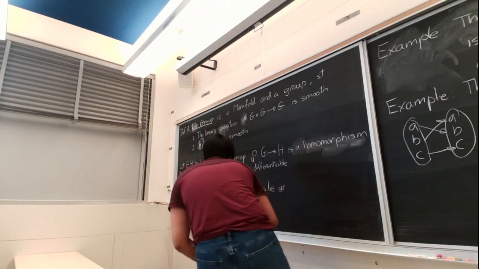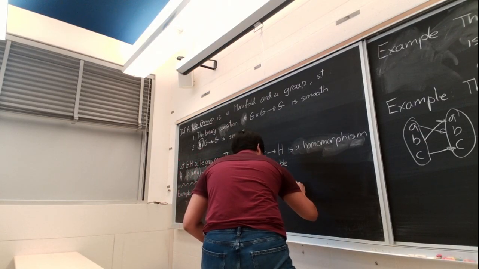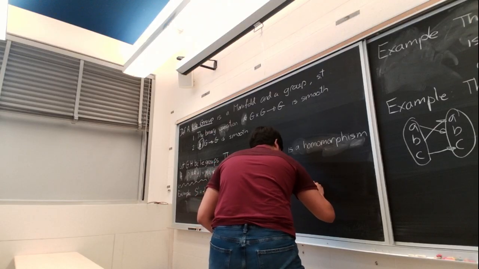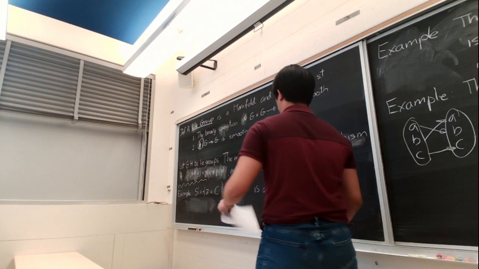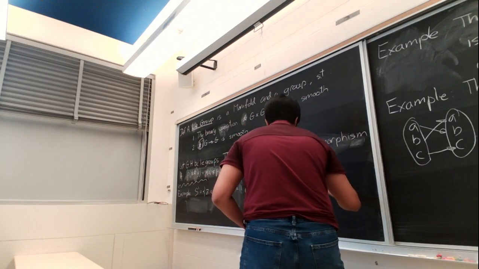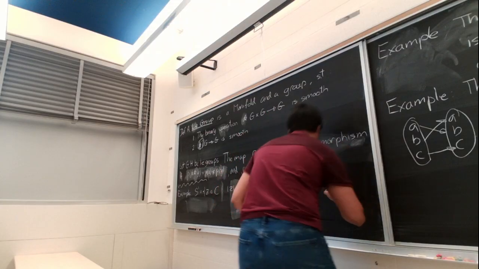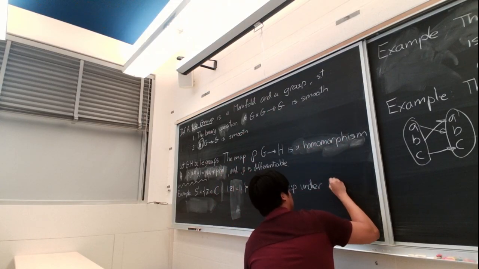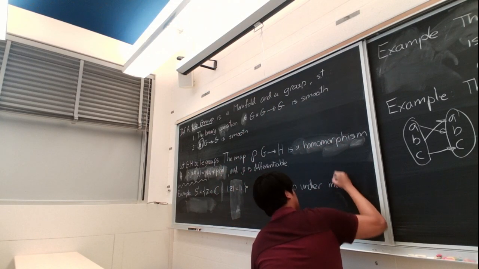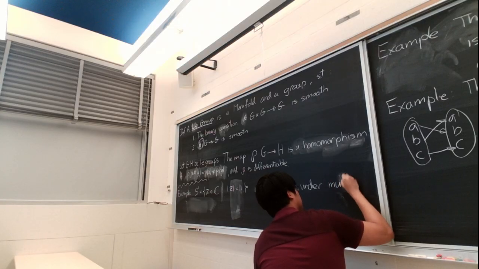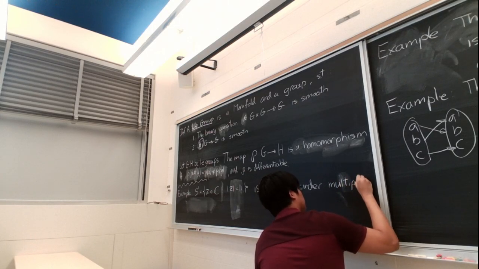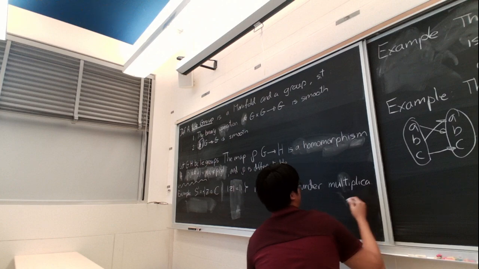Okay. Under this it's just multiplication, like multiplication from the complexes. Yeah, multiplication from the complex numbers. That's right. Let's put a dot here.